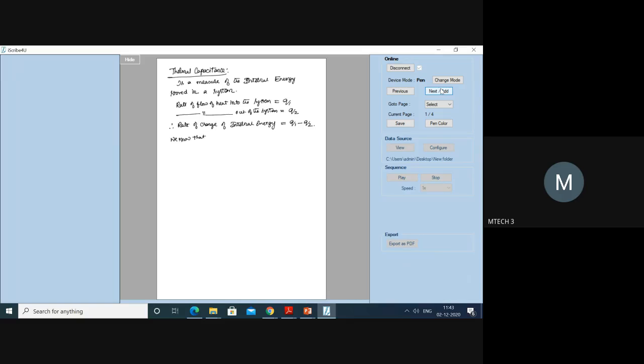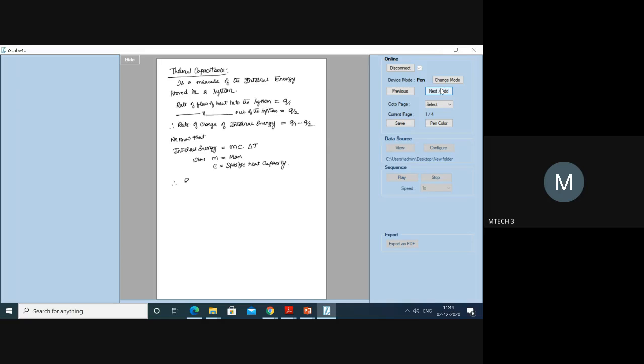We know that internal energy is equal to MC into delta T. This is the basic expression, where delta T is the change in temperature, M is mass, and C is specific heat capacity.